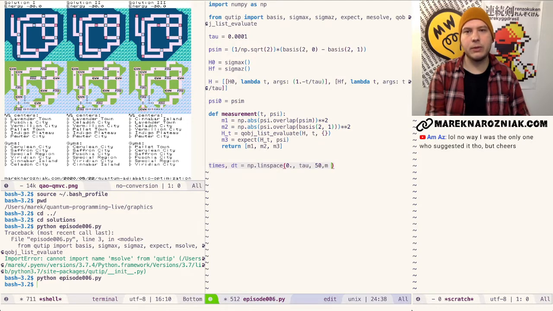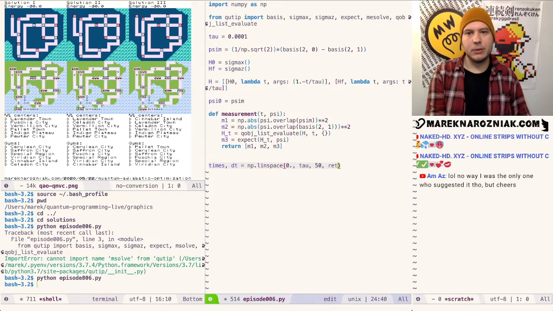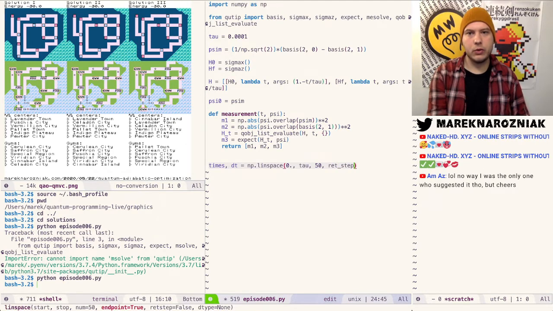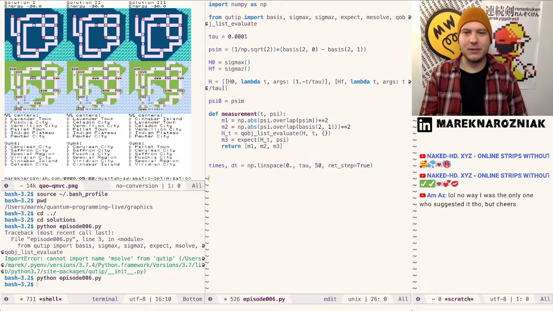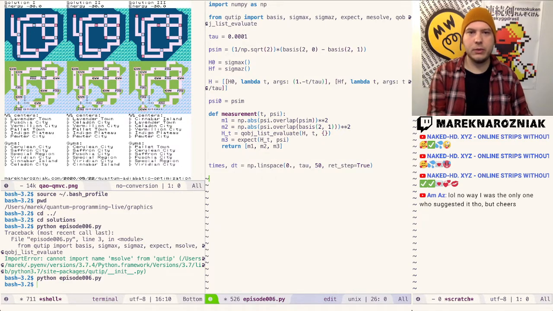I think that's enough resolution for a smooth plot. Let's return the time step just in case. True. Oh god, the naked strips are here again. We are doing quantum programming here. We are not interested in your naked stuff, okay? Please go away. I guess that's it. We can just do this now.